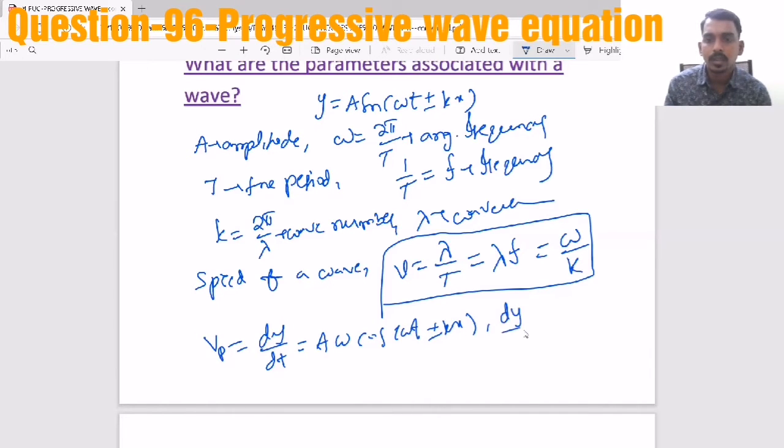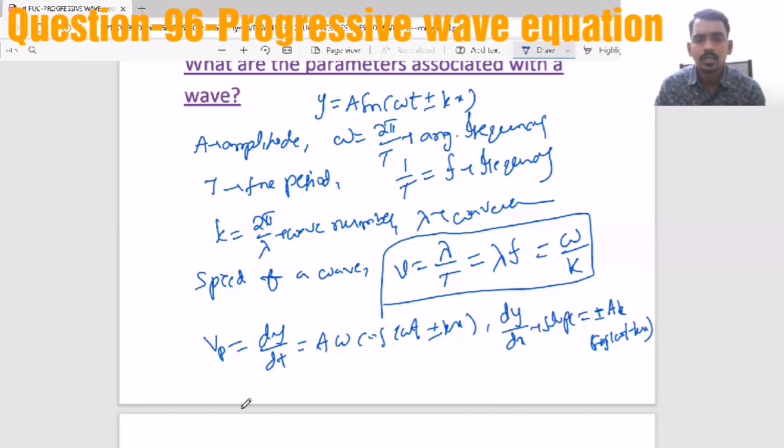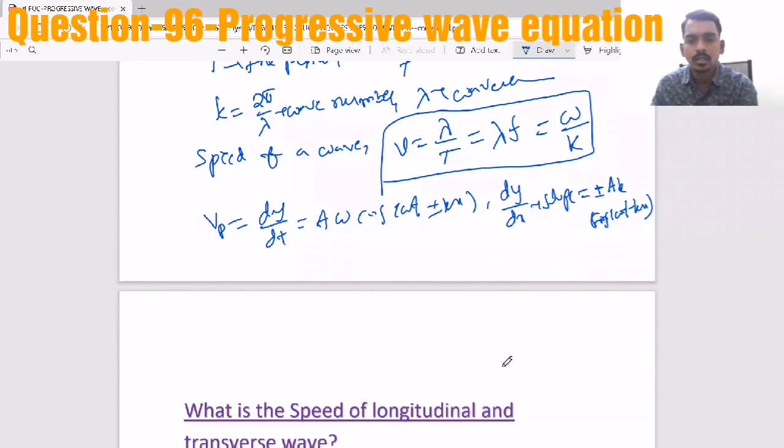And the slope of the wave, dy by dx, will become plus or minus a k cos(omega t minus kx). So these are the things based on which they can ask questions. Also sometimes they will give the data and ask you to find the equation of a progressive wave. That they can also ask.